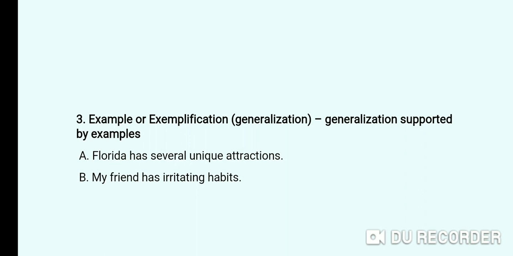Here are two examples. These are general statements, thesis statements, or if it is a paragraph, these are general topic sentences which are supposed to be supported by examples. Florida has several unique attractions.